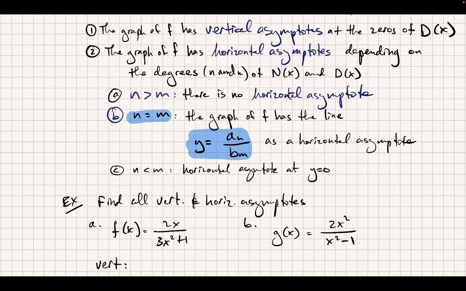So you can't just look at it and assume that it has none. For vertical asymptotes, it's asking you to solve for the zeros of the denominator.